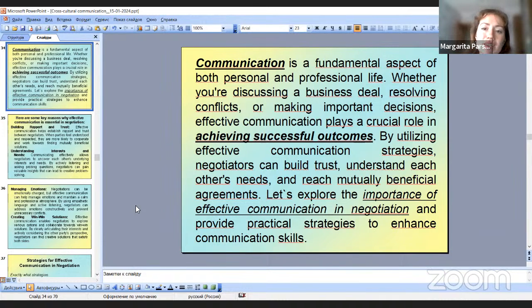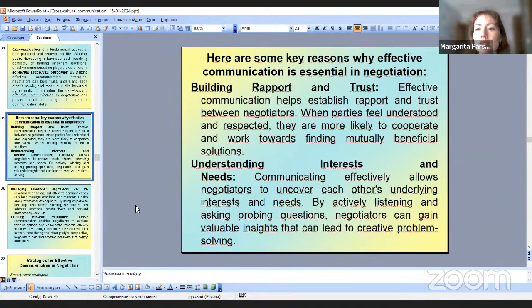You can discuss business ideas, resolve conflicts, make important decisions, and of course repeat something about the importance of effective communication in negotiations. So let's look through some strategies. I will not read everything on the slide, just look through some key reasons which are effective and essential.